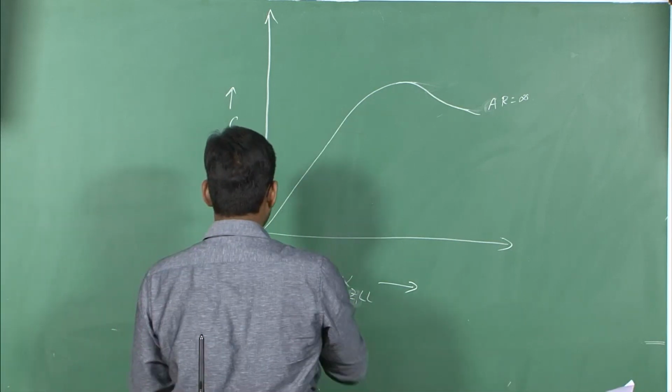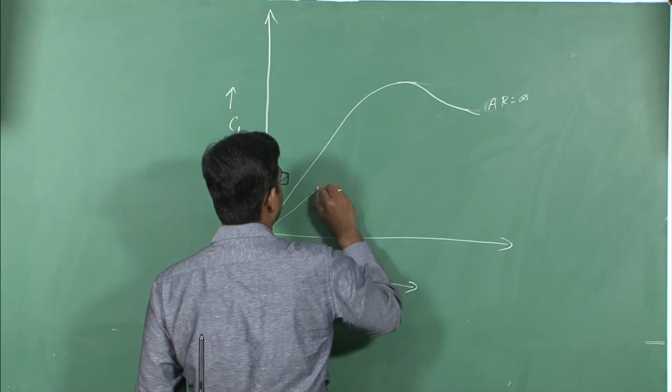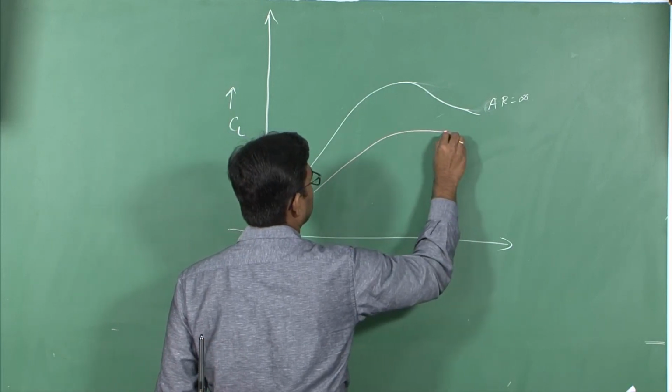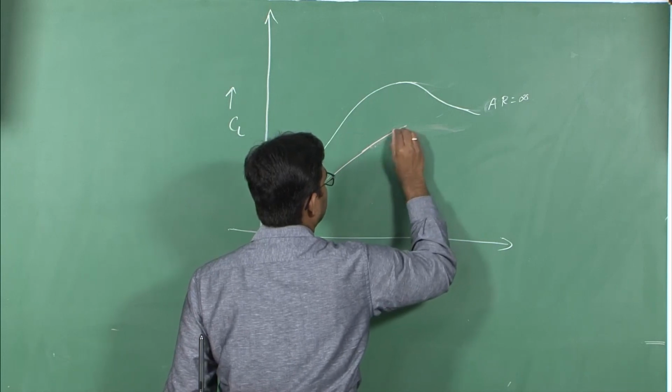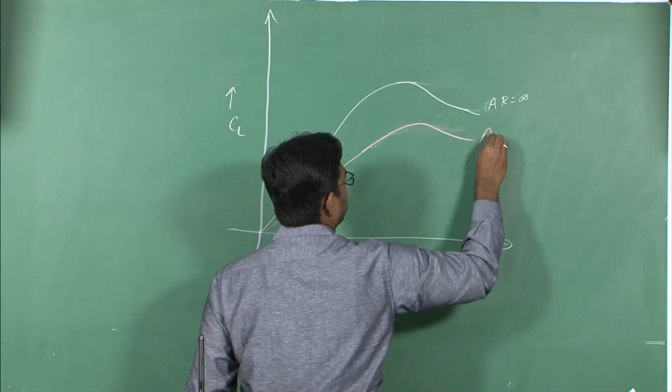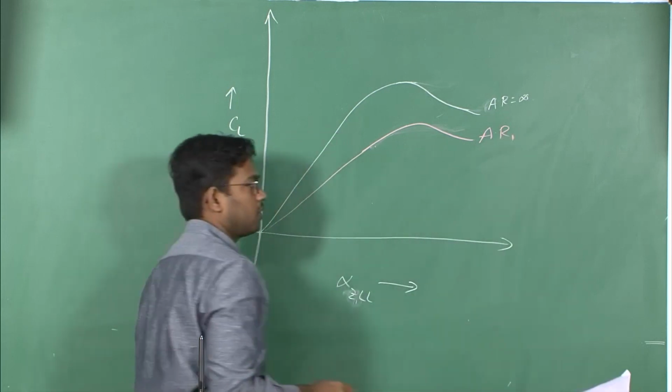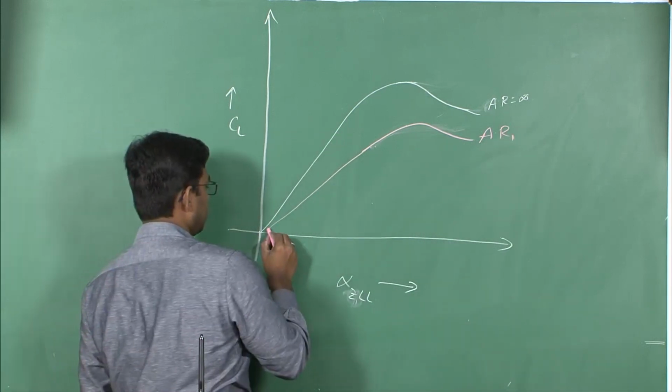Now let us say this is for a finite aspect ratio wing, which is AR1.